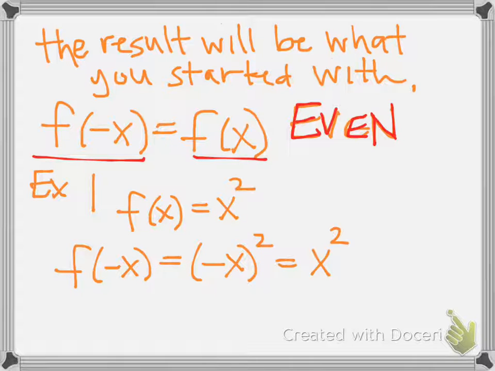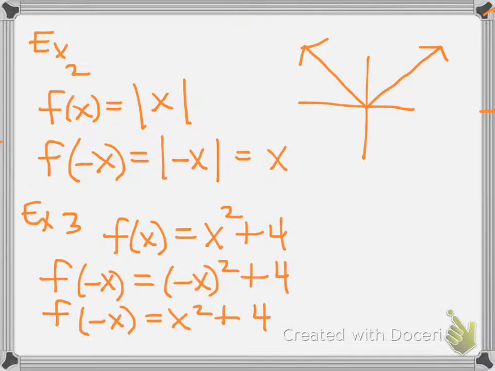So here's an example. f of x equals x squared. If I plug a negative x in, negative x times negative x gives you positive x squared. You get what you started with.